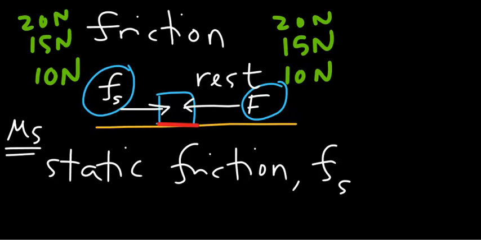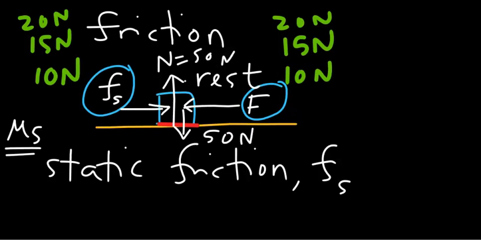The second thing is the normal force that is acting on the block from the surface of the floor. Let's call it capital N, which in this case is exactly the same as the weight of the block. Let's say the weight of the block, just as an example, is 50 newtons. So the normal force in this case is also 50 newtons.